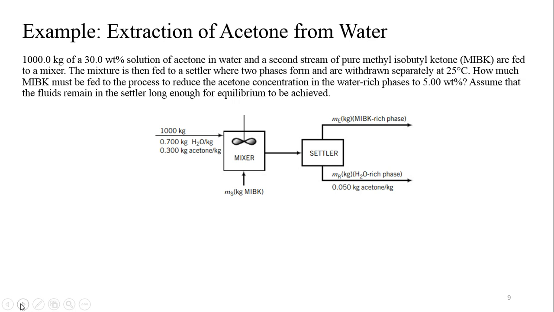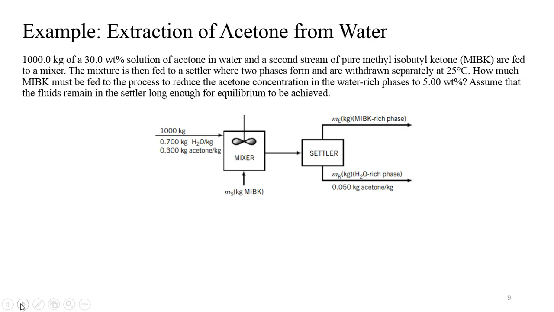And then we're going to look at the two phases which come out of the settler. One phase is going to be rich in MIBK. Okay. And the second phase is going to be rich in the water. And the acetone is then going to partition between those two streams.